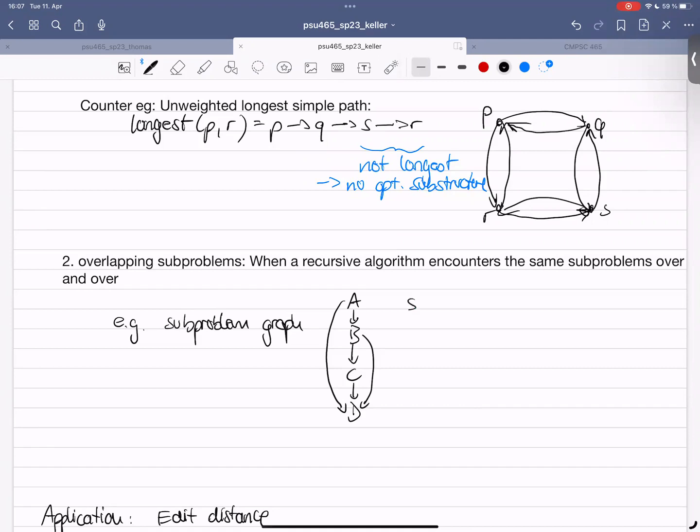In this example, subproblem D would be encountered in solving A, B, but also C. And think of the longest increasing subsequence.